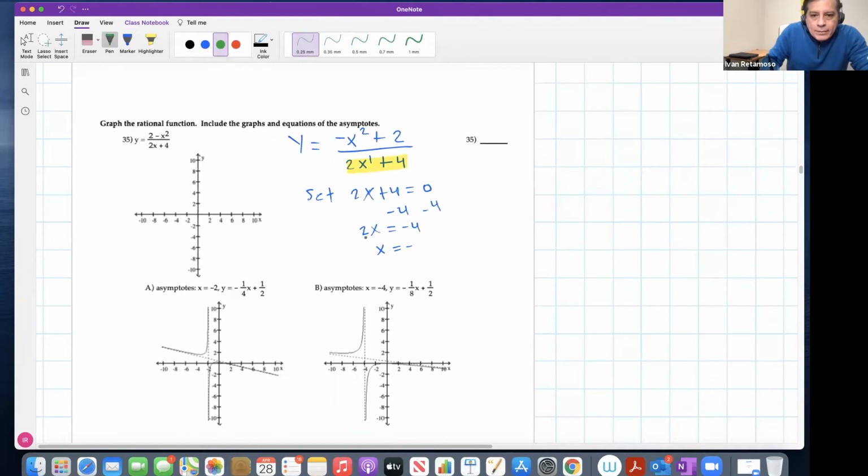Once you divide both sides by 2, minus 2. So at x equal minus 2, there's going to be a vertical asymptote. This is one thing. Now, besides that, since this is top heavy, it will have what is called a slant asymptote. But to find that slant asymptote, you're supposed to do this long division, right?